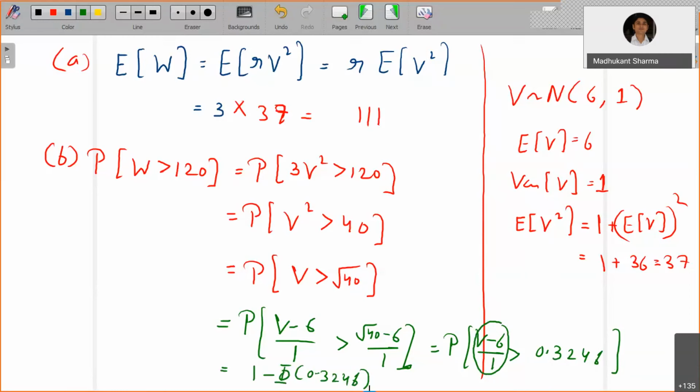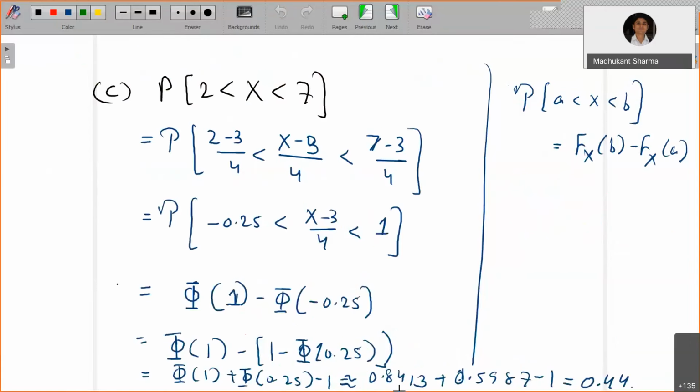So now 0.3246 is almost 0.325, and you can say 0.33. If I look back at the standard normal table, for 0.33 that's going to be 0.6293. So 0.6293 will represent the 0.33.